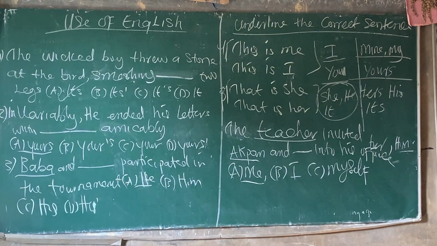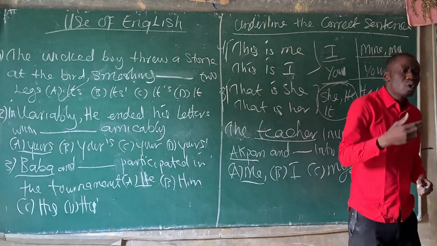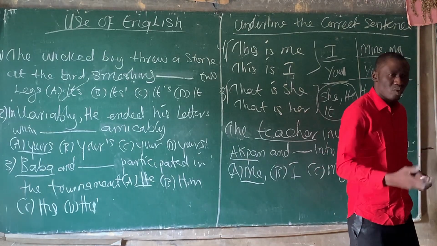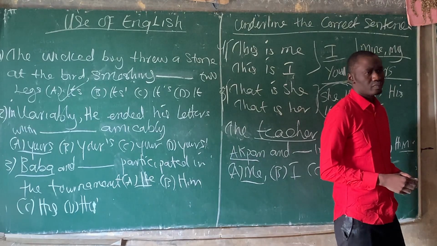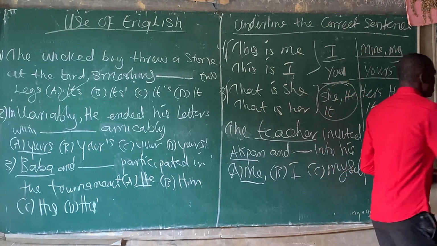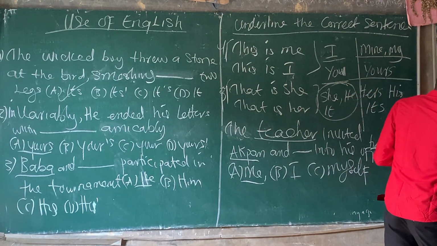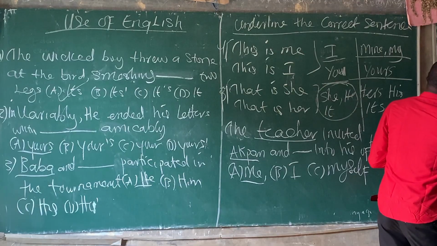Okay? Now, we have told you that we have the first person plural, second person plural, and third person plural. For the first person plural, let me write it now.